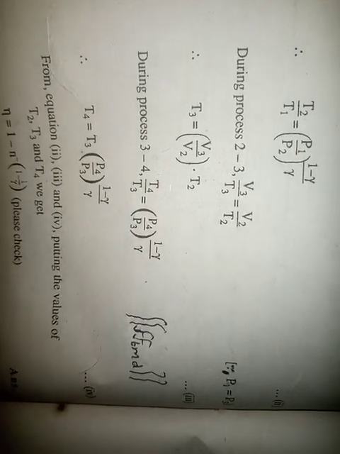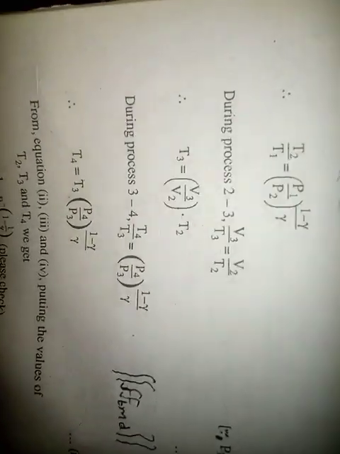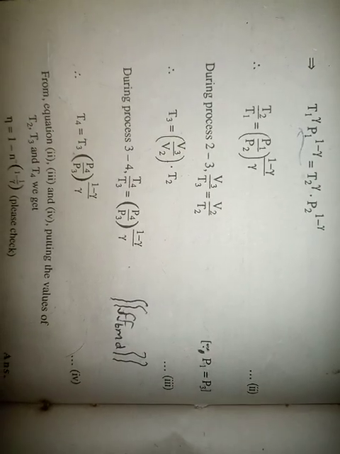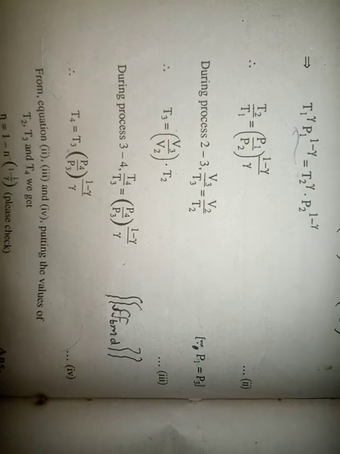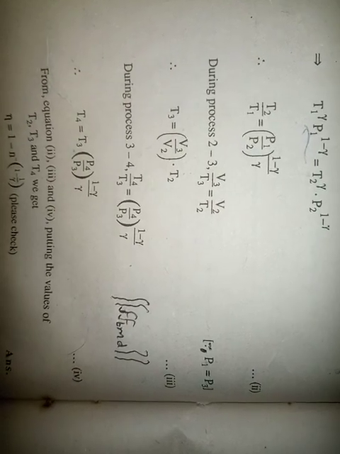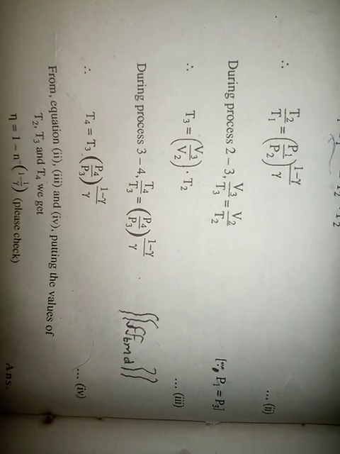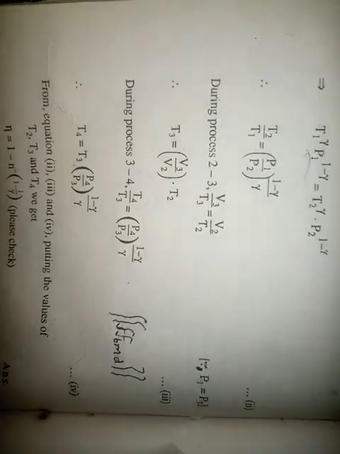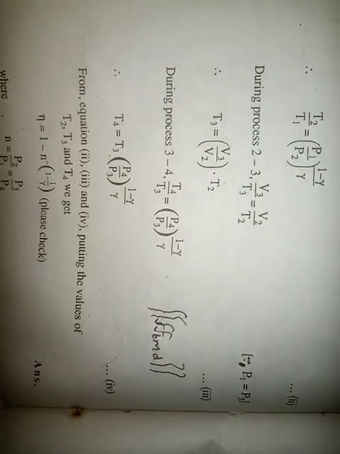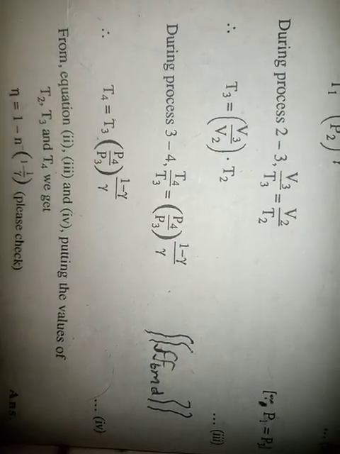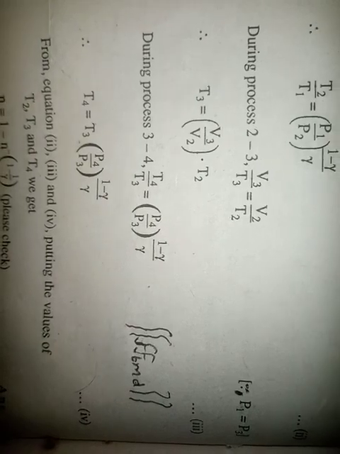And during process 2 to 3, V3 by T3 equals V2 by T2, since P2 equals P3. Hence T3 equals V3 by V2 into T2. During process 3 to 4, T4 by T3 equals (P4 by P3) to the power (1 minus gamma) by gamma.